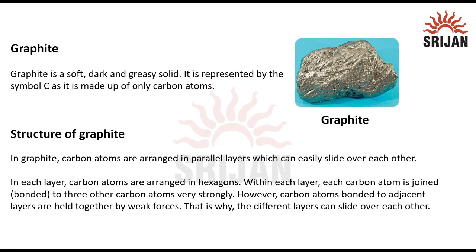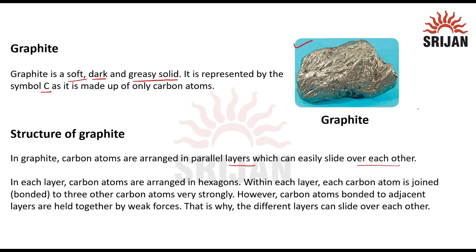Graphite. Graphite is a soft, dark, and greasy solid. It is represented by the symbol C as it is an allotrope of carbon itself. You can see here, this is the image of a graphite rock. If we talk about the structure of graphite, in graphite, carbon atoms are arranged in parallel layers which can slide over each other.